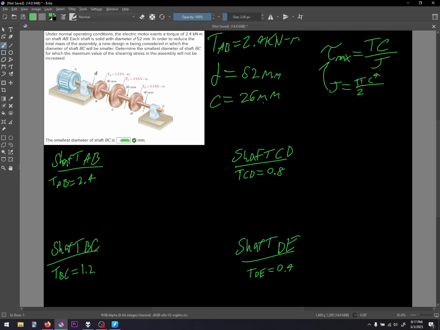It's saying that all of them are 52, but then it's notating all of them as different. Or is this the new design? I guess I'm going to go with what the diagram is. That's confusing.